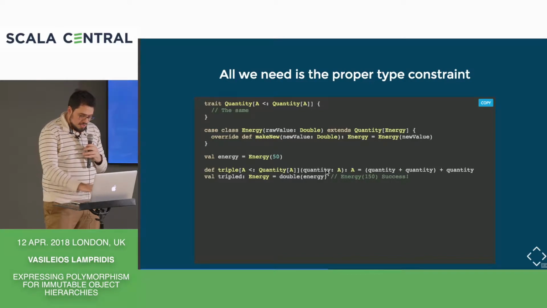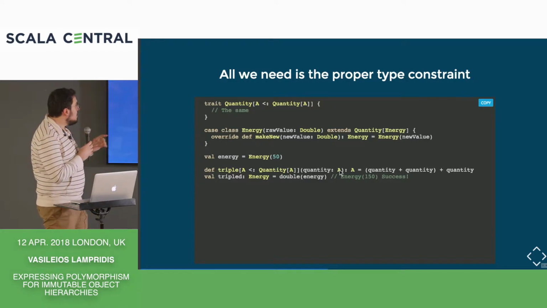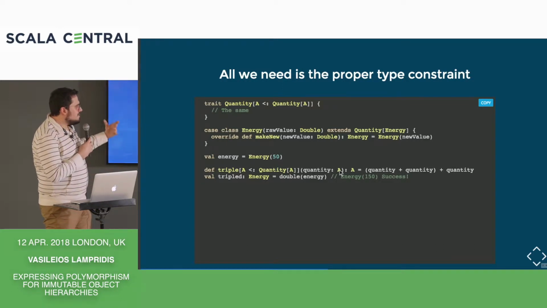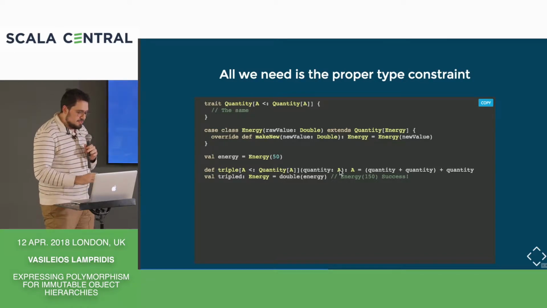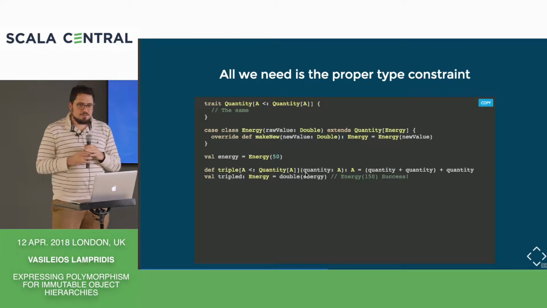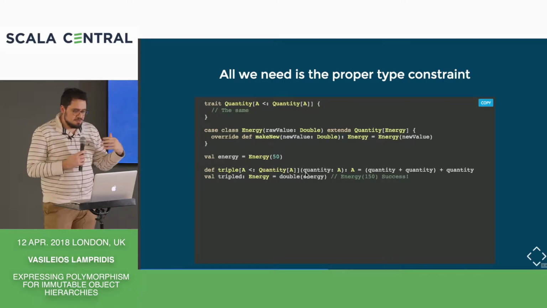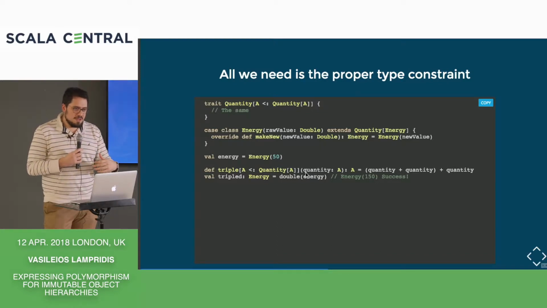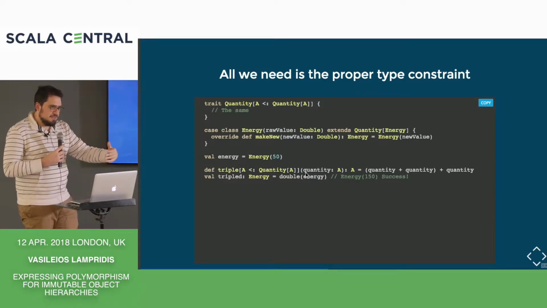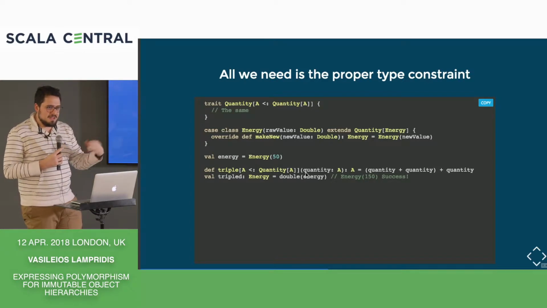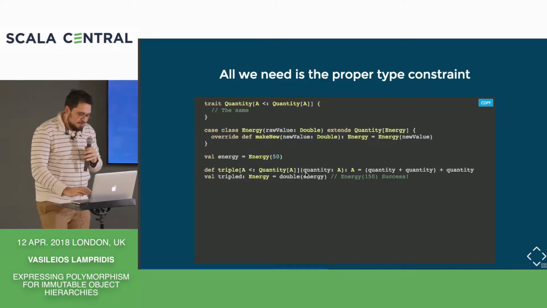And by the way, I even provide the input to be A, not even quantity of A like I used before. And this works because it is a bit tricky to truly understand, but you can see that you constrain the type A to be a quantity of type A. So when you update the object, you get back something that is again of type A that is constrained to be a quantity of type A all the way down.